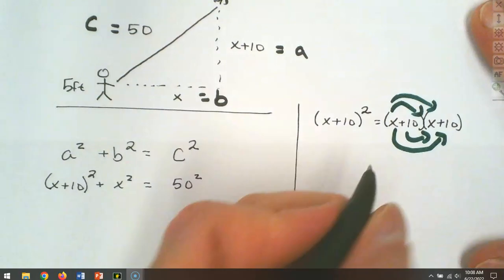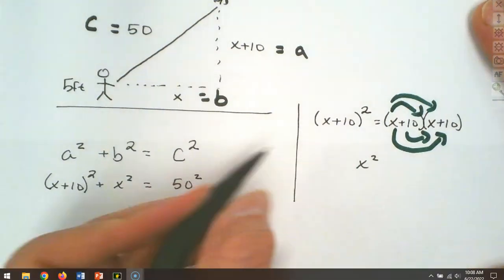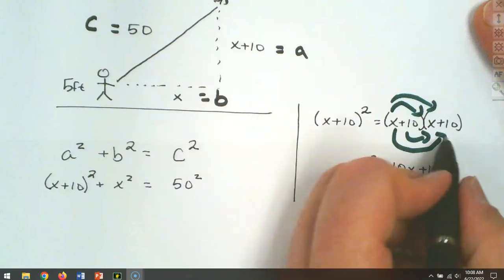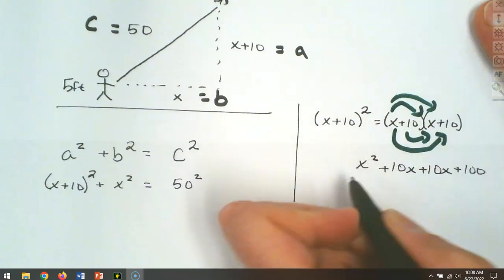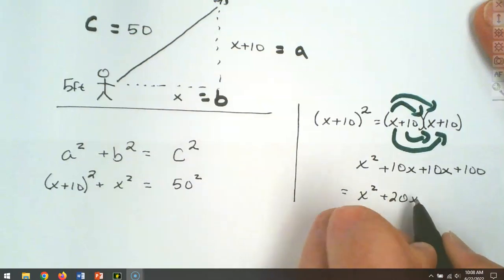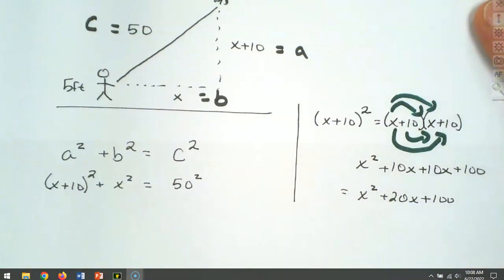So FOIL this out, and that's going to be x squared plus 10x plus 10x plus 100, which is then x squared plus 20x plus 100.